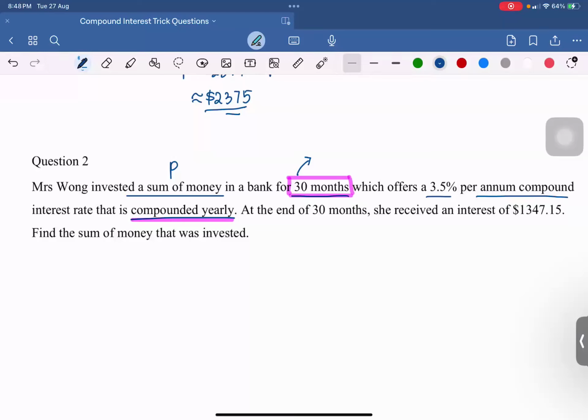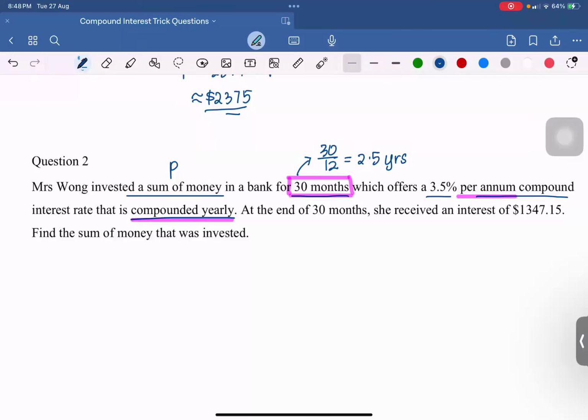But since it's compounded yearly, I will have my percentage in terms of year. Then the time period also needs to change to years. So 1 year has 12 months. So I take 30 divided by 12, not a very nice number, or 2.5, which is 2.5 years.